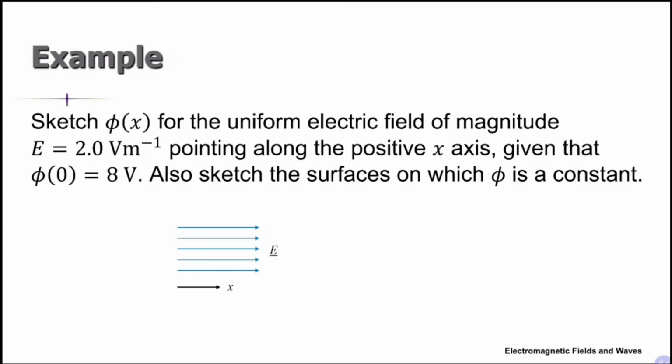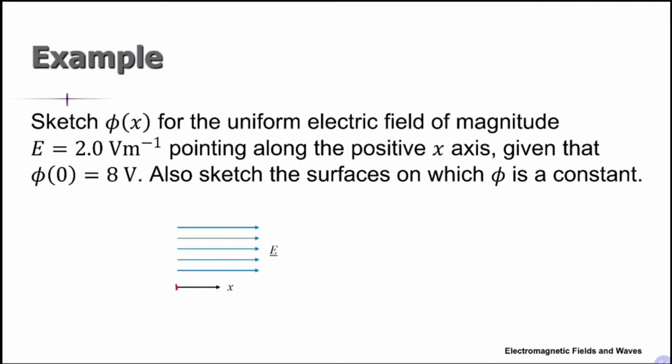Example, if I have an electric potential phi of x for a uniform electric field of magnitude E equal to 2 volts per meter, pointing along the positive x-axis. Okay, so this is my scenario. I have a uniform electric field pointing in the x-direction.